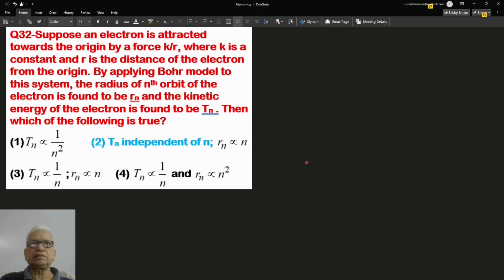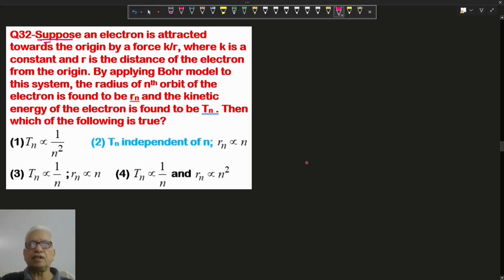In this question, we are supposing, not stating a fact, that an electron is attracted towards the origin by a force K upon R, where K is a constant and R is the distance of the electron from the origin. By applying Bohr's model to this new system, the radius of the nth orbit of the electron is found to be Rn and the kinetic energy is Tn. Then we have to find the dependency of kinetic energy and radius on n.